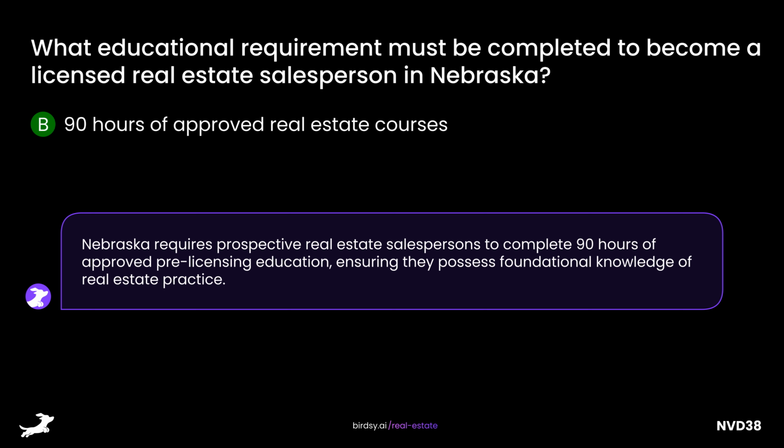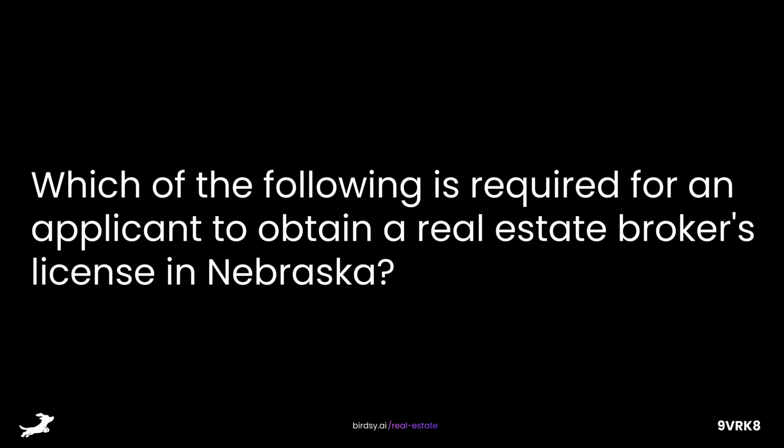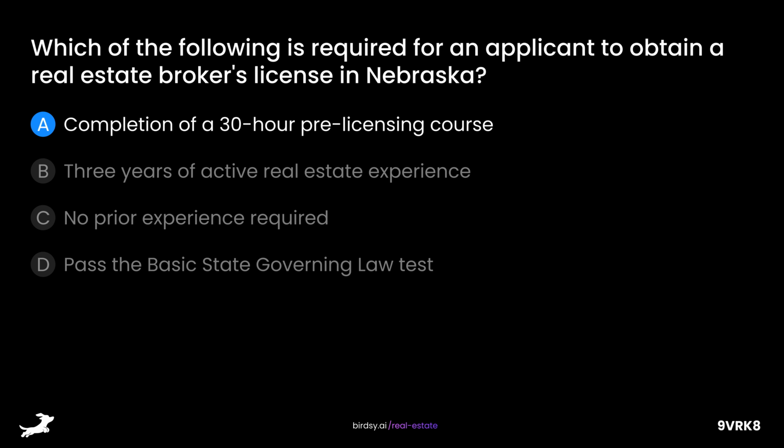Which of the following is required for an applicant to obtain a real estate broker's license in Nebraska? Is it A, completion of a 30-hour pre-licensing course, B, 3 years of active real estate experience, C, no prior experience required, or D, pass the basic state governing law test?